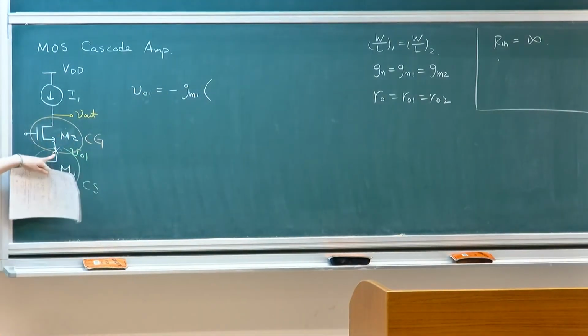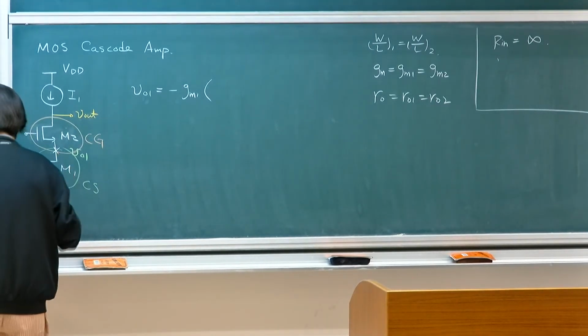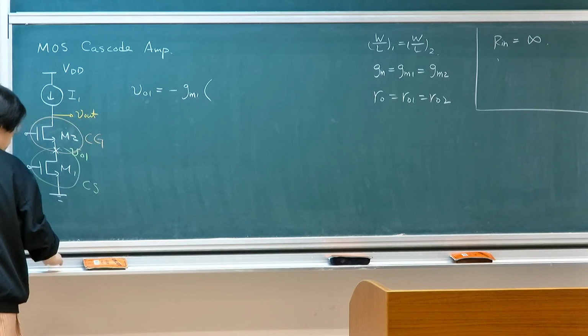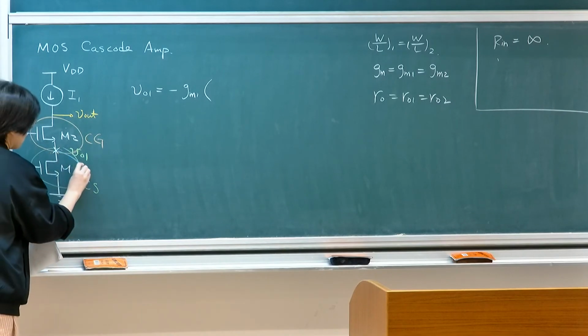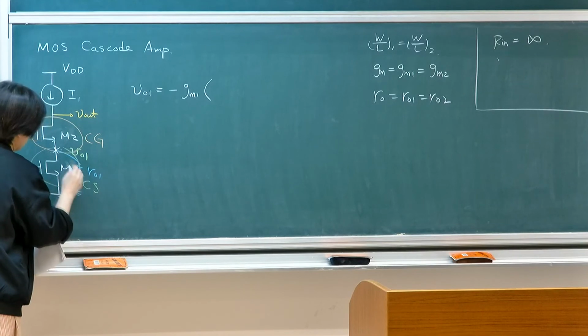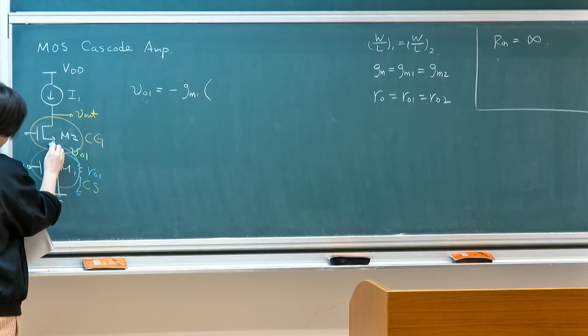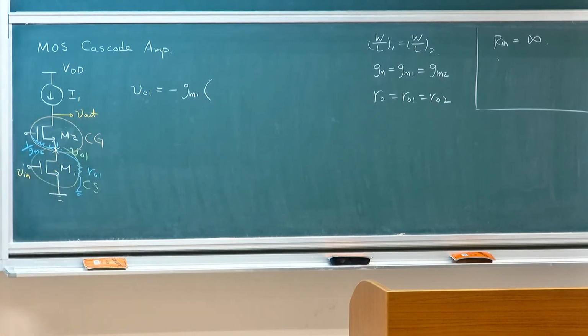And then what is the resistance at this particular point? At this source terminal, you will see RO1, and then from the top, you will see 1 over GM2, right?